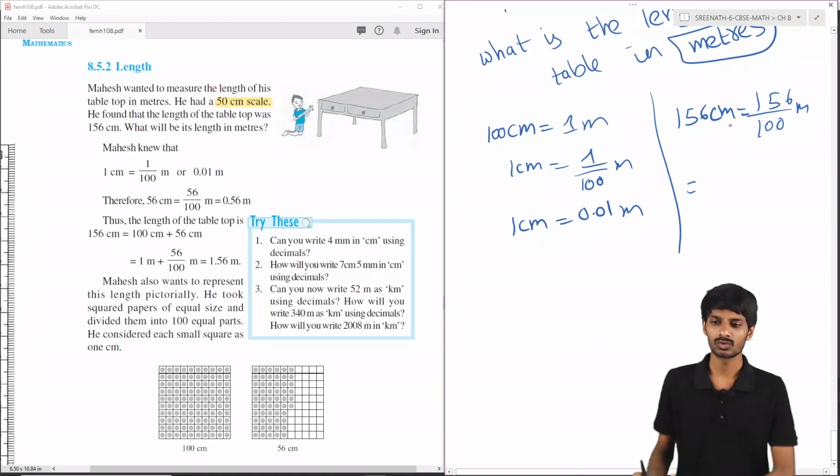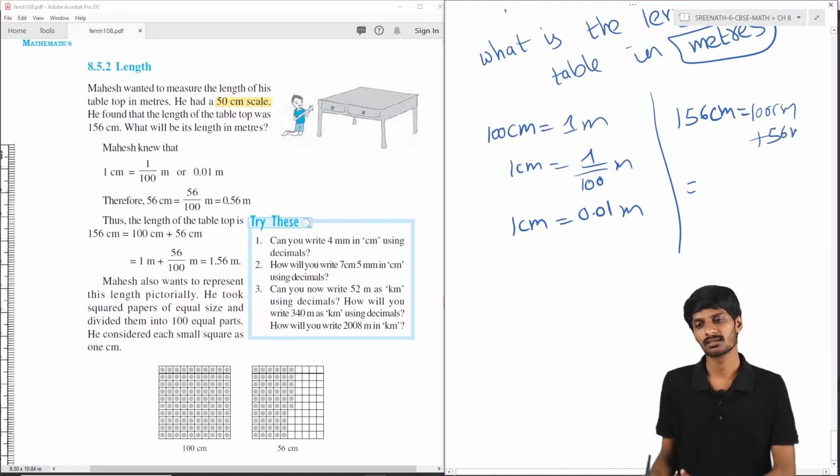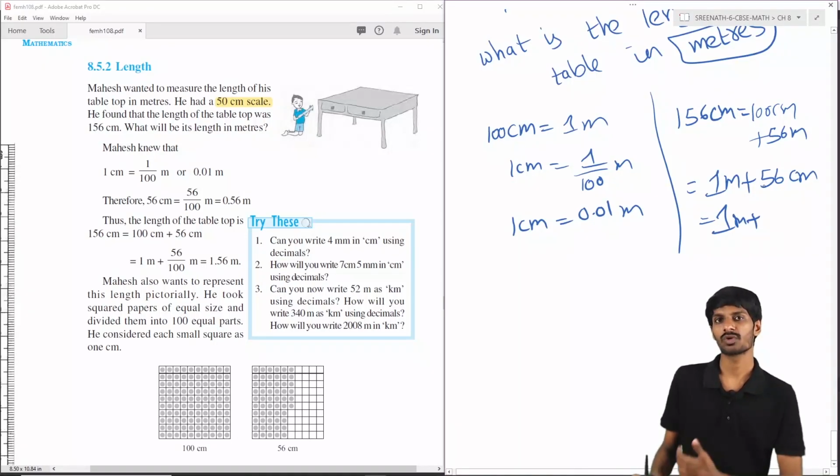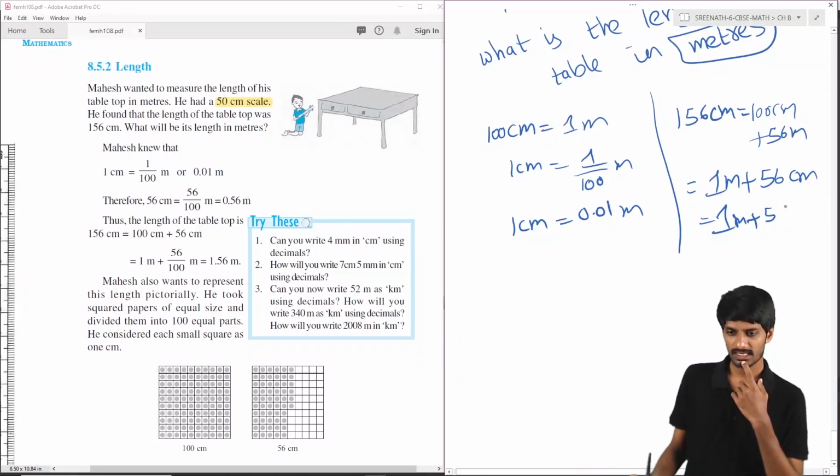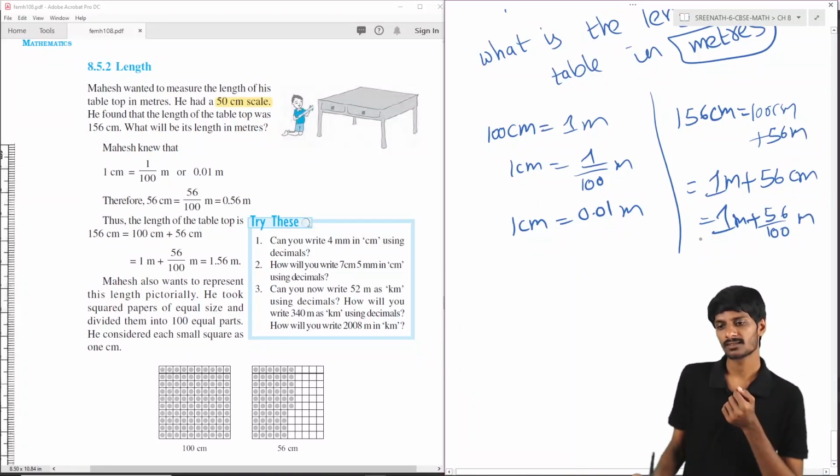If you want to do this task, friends, we can do it in a simple way. 156 centimeters is 100 centimeters plus 56 centimeters. 100 centimeters is 1 meter, so 1 meter plus 56 centimeters. We have to convert it into meters, that is 56 divided by 100 meters.